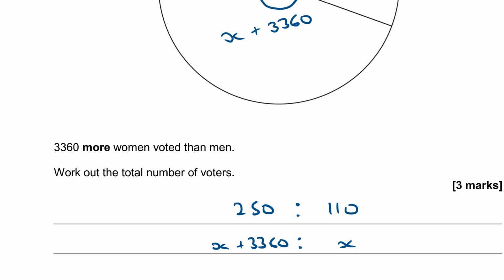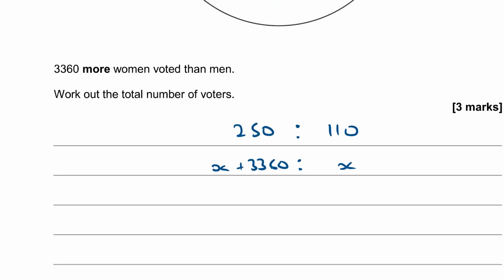Okay. So the difference in their angles then is 250 take away 110, isn't it? So 250 take away 110 is 140. I'm still trying to think about how best to do this problem. So 250 minus 110 is equal to 140.